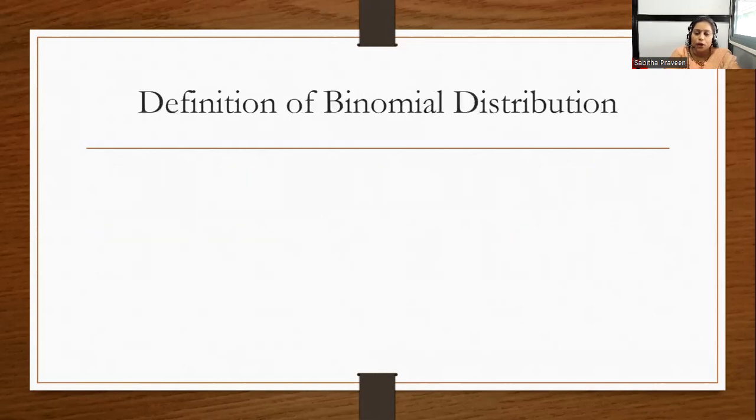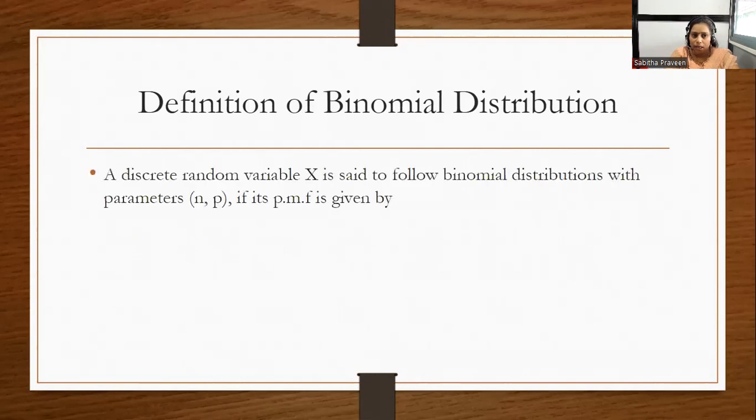Next is the definition of the binomial distribution. We define the binomial distribution with the help of the probability mass function, which means how the probabilities are distributed among themselves.